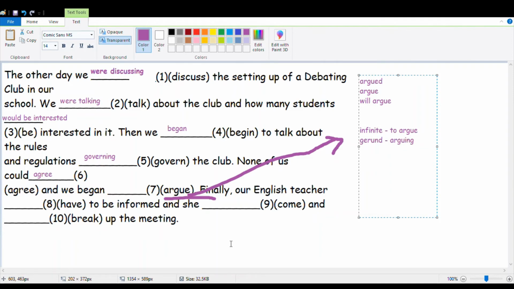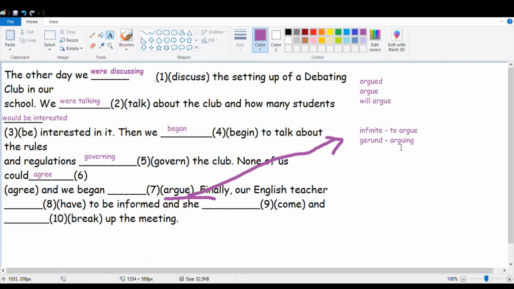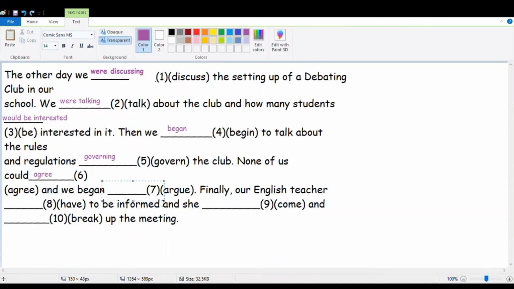Honestly, both of those would be fine in this sentence: none of us could agree and we began to argue, or we began arguing. Either would be correct, but I would probably go with to argue just because it sounds slightly better. Often when we use the word began, we use an infinitive to go along with it. So to argue is your infinitive.